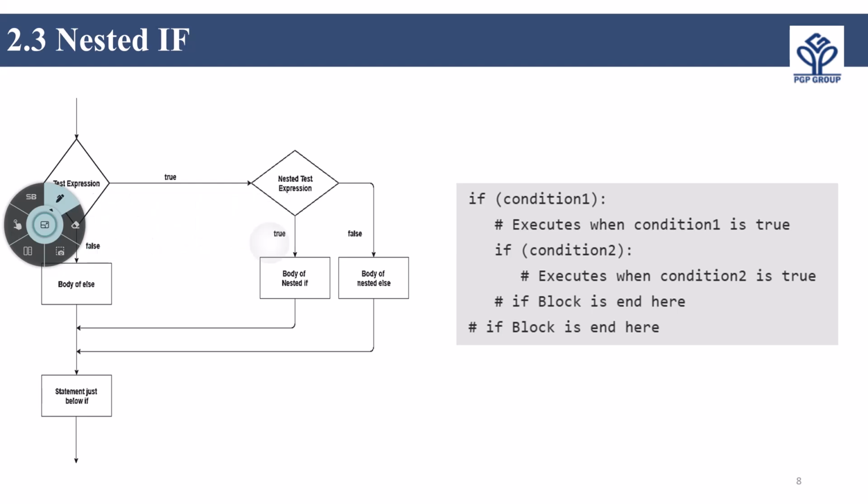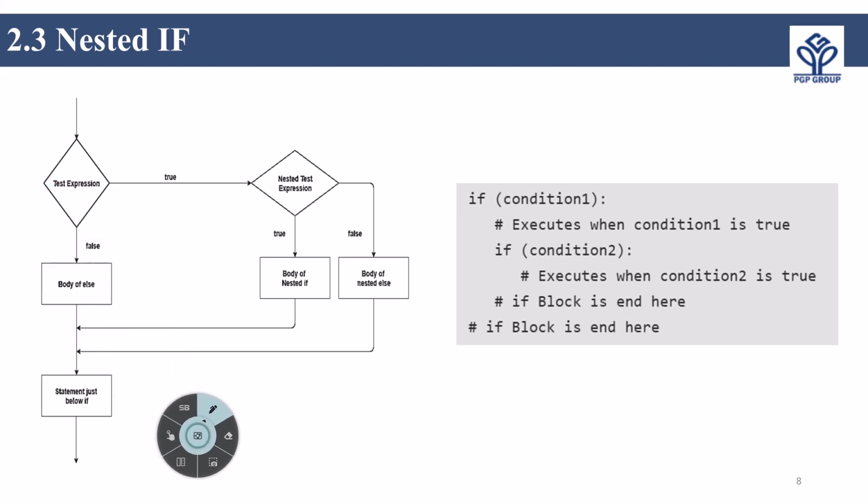Next one, nested if. Nested if means we are using an if, and inside the if we are using another if condition. So see, we are using a test expression.